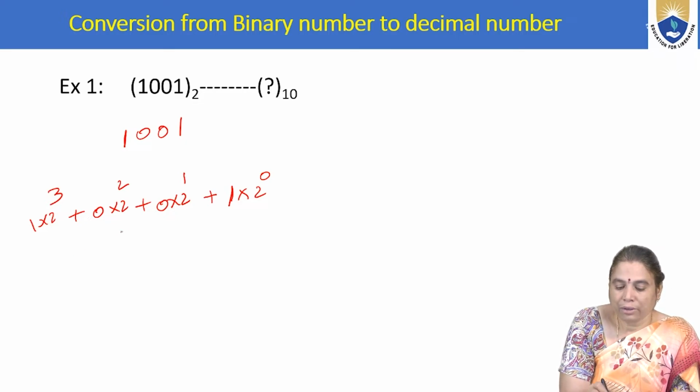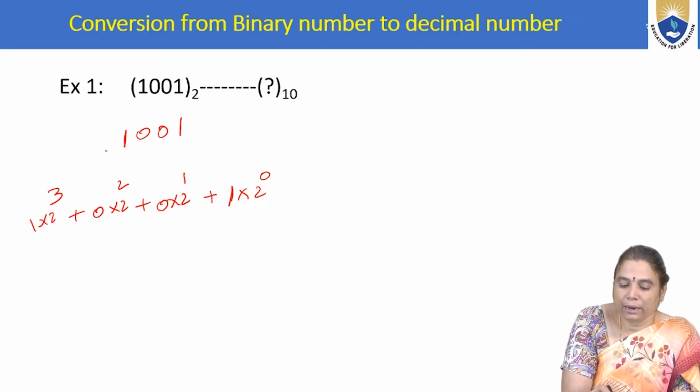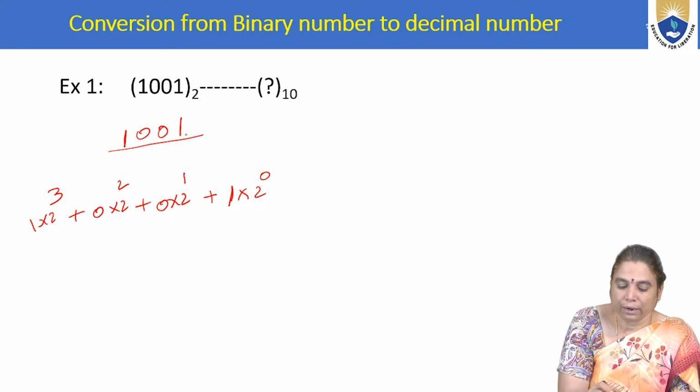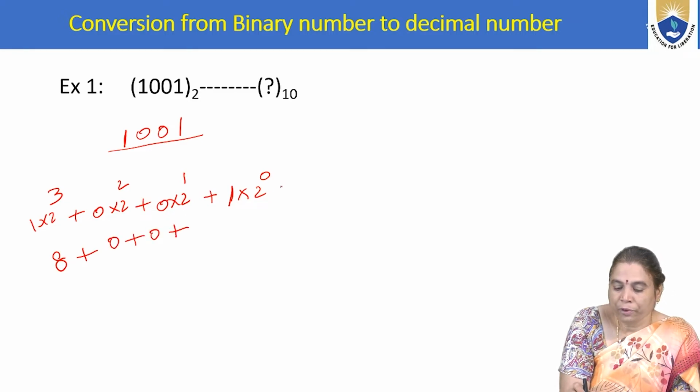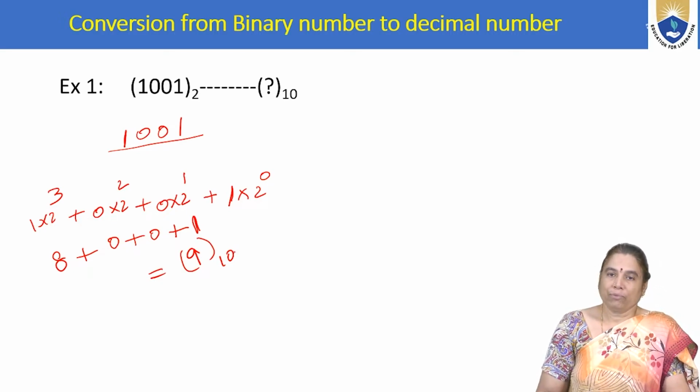The values you get are summed to give the decimal equivalent of the binary number 1001. 2 cube is 8, into 1 is 8, plus 0 multiplied by anything is 0, and 2 power 0 is 1, into 1 is 1. So we get 9 in decimal form. So 1001 is 9 in decimal form.